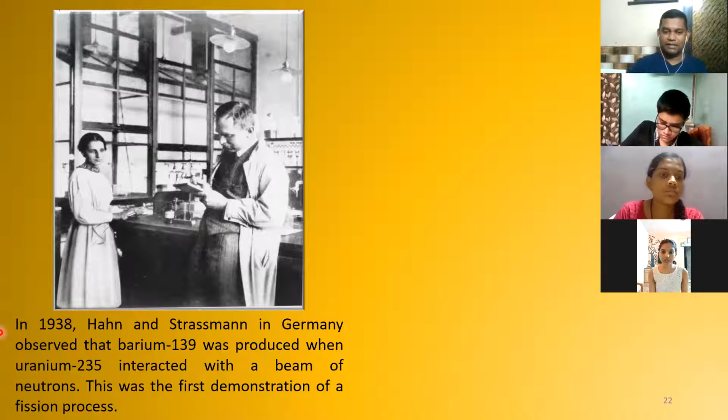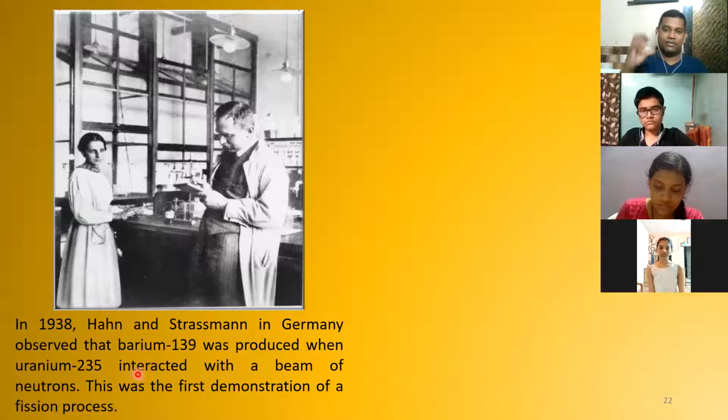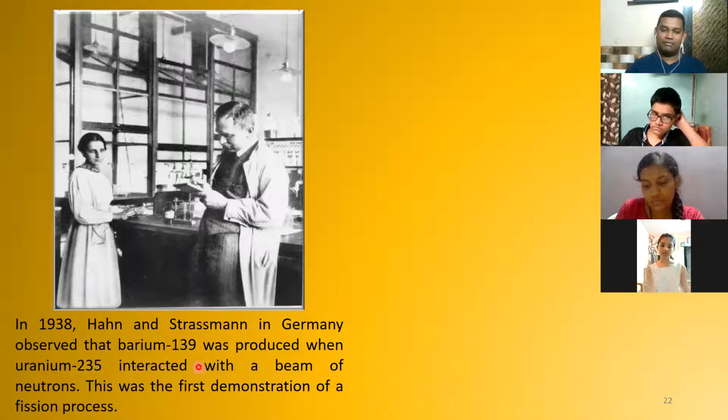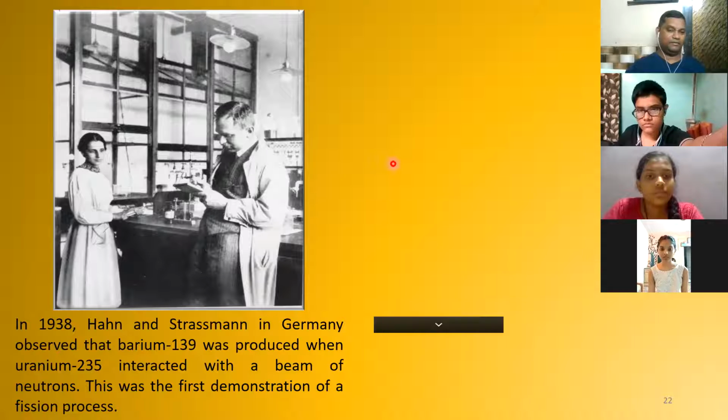They observed that the atom of uranium having mass of 235, uranium is a radioactive element, when interacted with neutrons, that means you take uranium and throw neutrons at it, it will break. It will give rise to one atom of barium having mass of 139 and 3 more neutrons in the process. That reaction was seen for the first time by these two people.